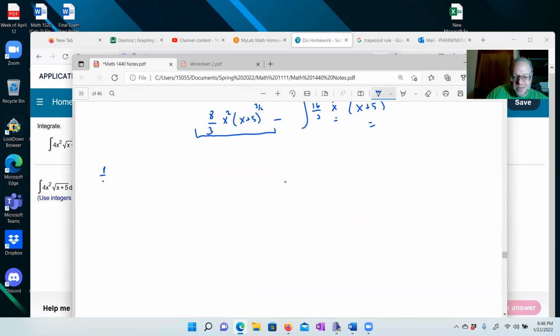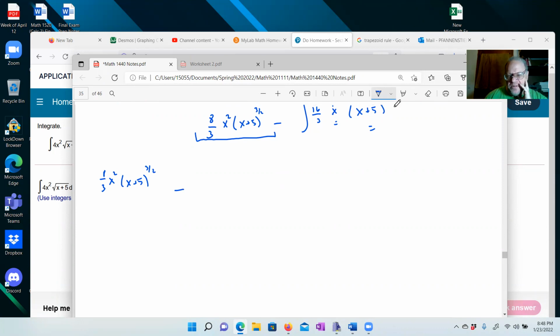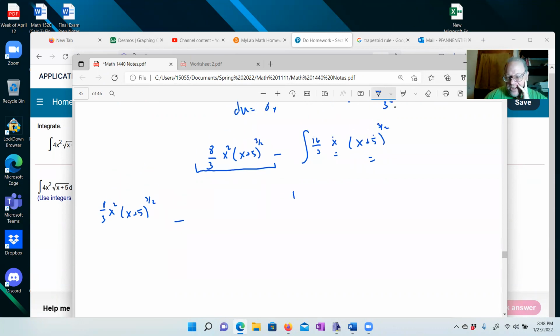So this is 8/3 x squared times (x plus 5) to the 3/2 minus, okay, we're going to go ahead and let u equal 16/3 x. du will be 16/3. Okay, our horrible travel was almost over.